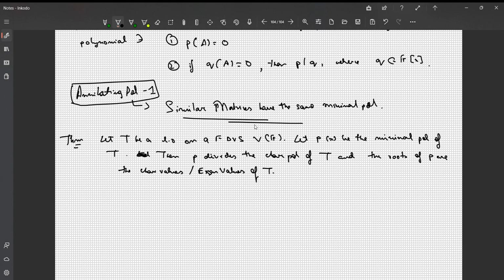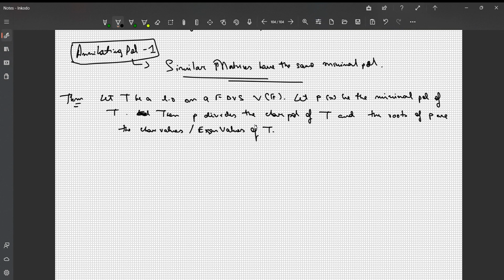Now the first statement is essentially trivial because we had already come up with an example that the characteristic polynomial annihilates the linear operator T, right? And we have stated that this is called the Cayley Hamilton theorem. We will prove it in the next lecture, or rather in this lecture I will try.